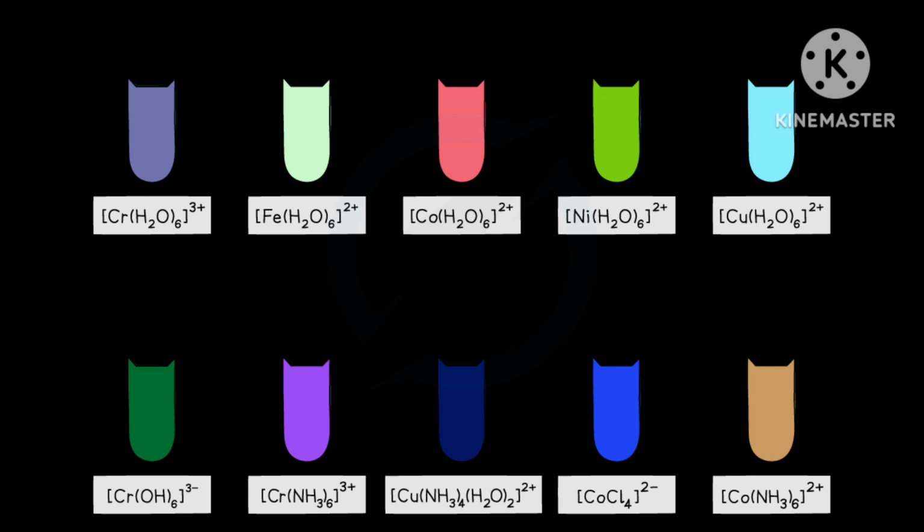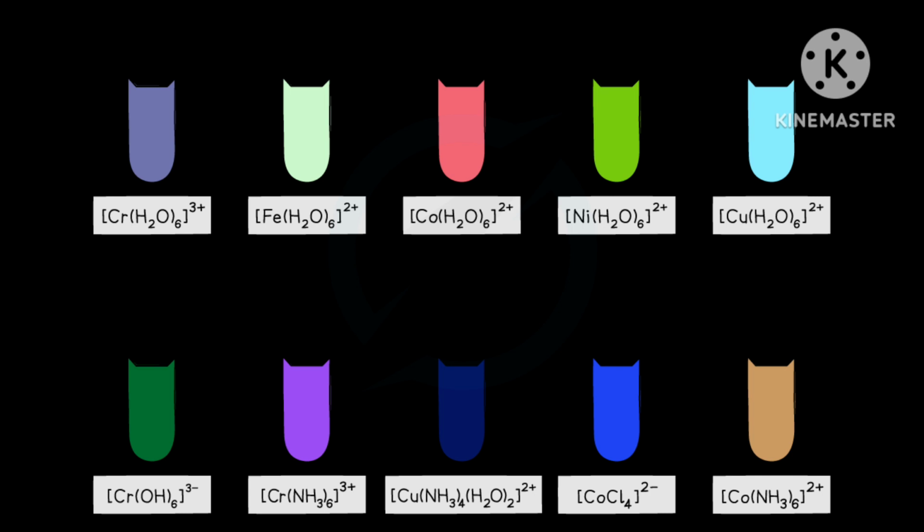Means Na2Cr2O7 plus 2KCl. Then we will get K2Cr2O7 plus 2NaCl. Very easy. Na2Cr2O7 plus 2KCl gives K2Cr2O7 plus 2NaCl.